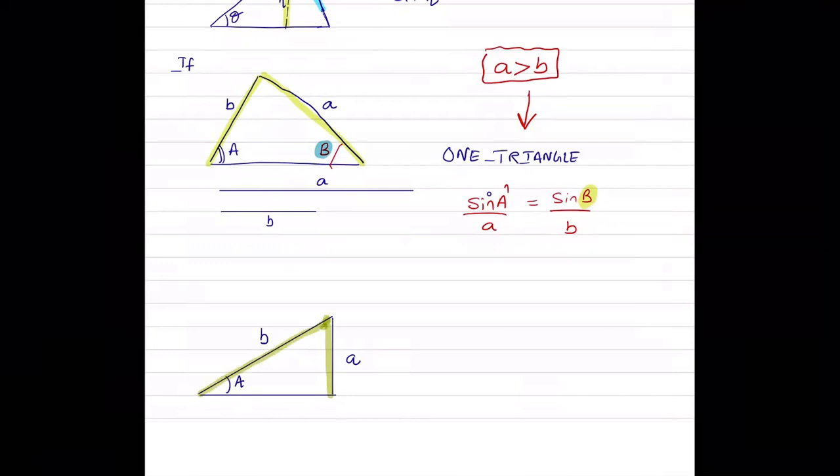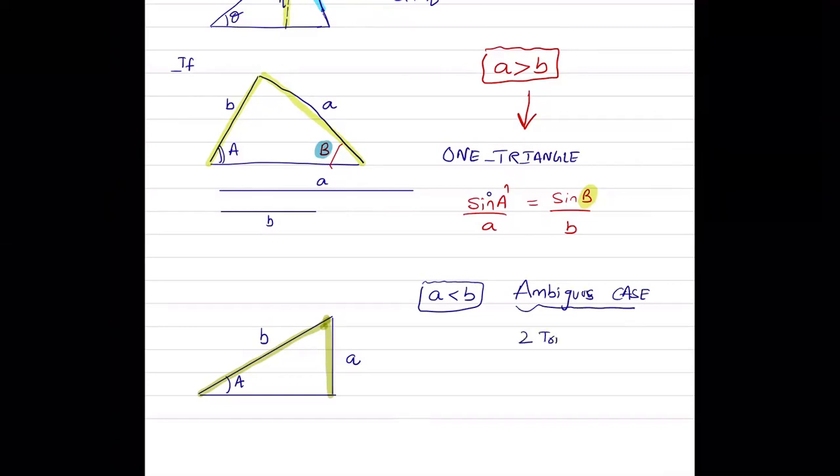So if the side opposite to the given angle is less than the other side, then we have a case known as the ambiguous case. In ambiguous case, there is a possibility of two triangles being formed. Two triangles are going to be formed. Hence, there are going to be two solutions.